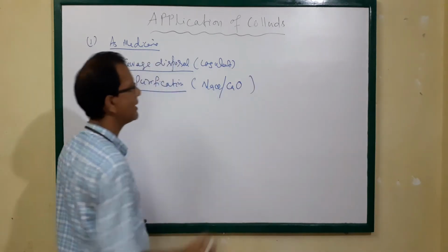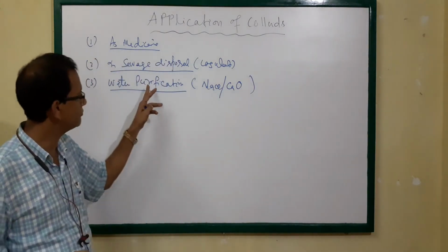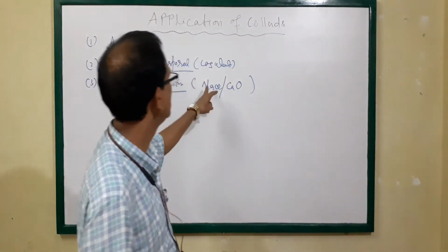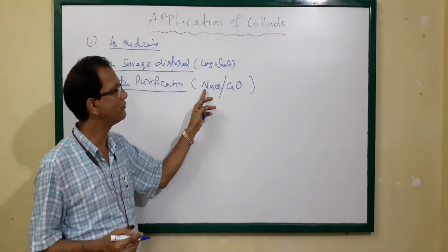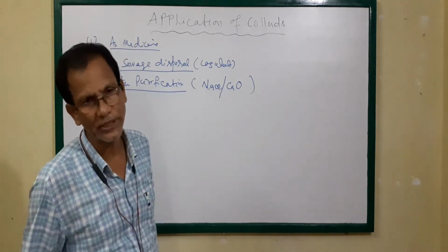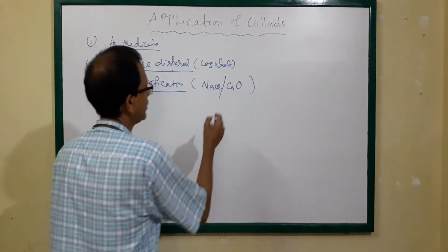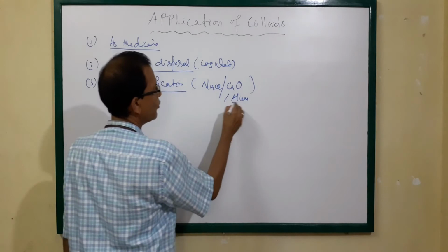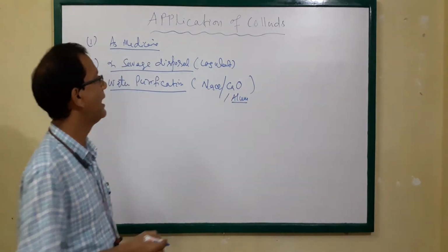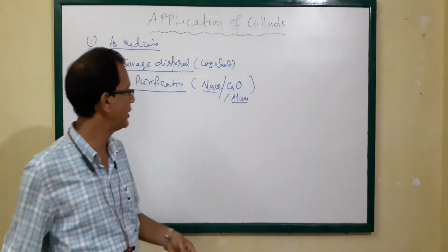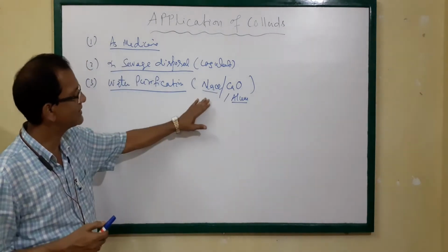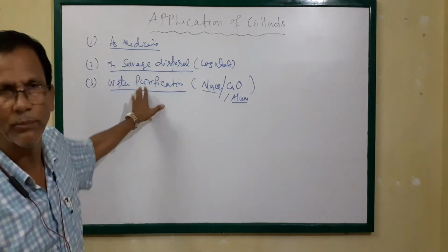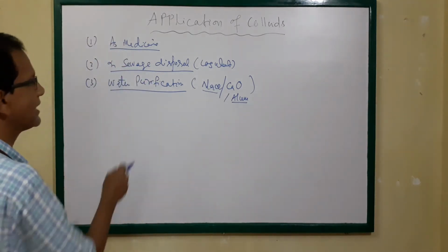These can be added to the dirty water so that it will settle down by the coagulation caused by sodium chloride and calcium oxide. Alum can also be used. Alum is more effective than calcium oxide and also more effective than sodium chloride. So these things can coagulate the impure water so that water can be purified. This technique is also coagulation.